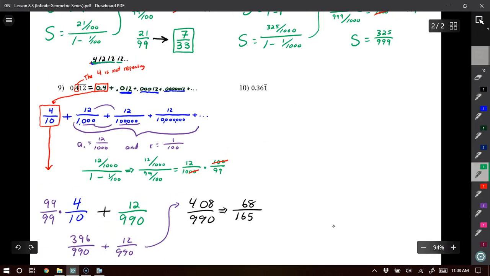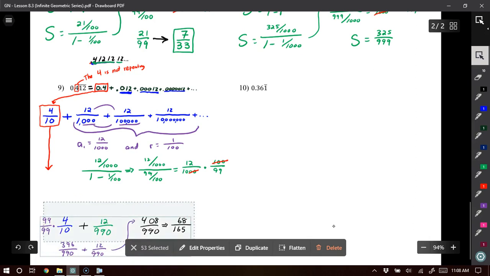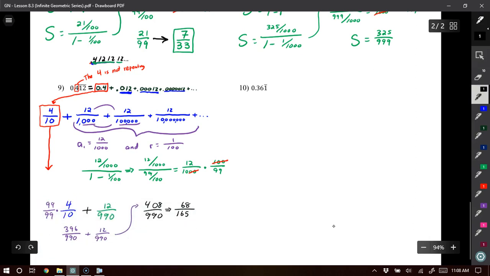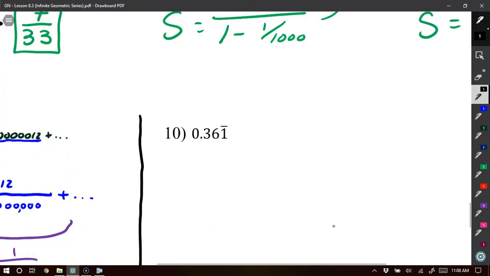So let's look at number 10. Same idea. So 9 and 10 are stretching us a little bit. It's this idea that there is going to be a placeholder, and in this case, right out above, I have 0.36, then a 1, then a 1, and then a 1, and then a 1, and then a 1, and then a 1.